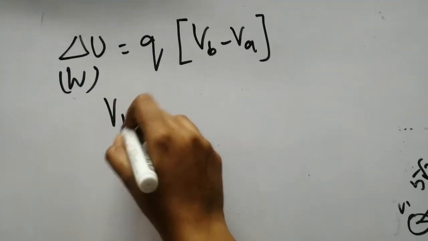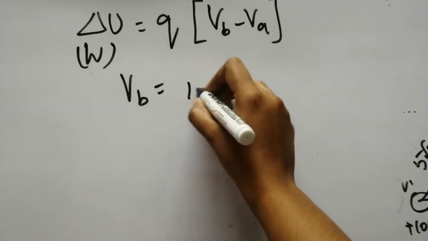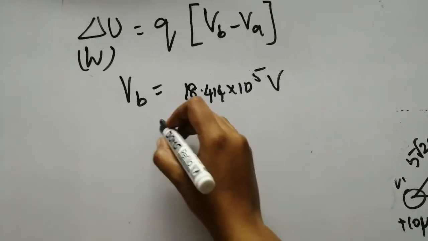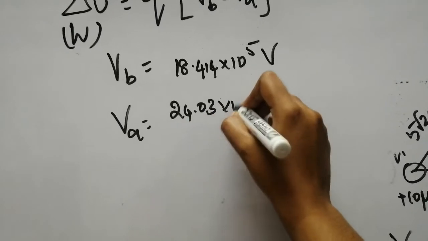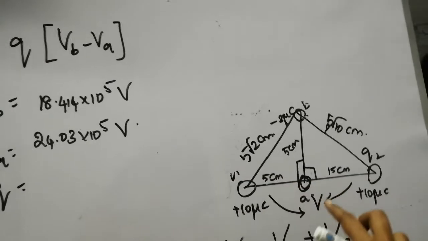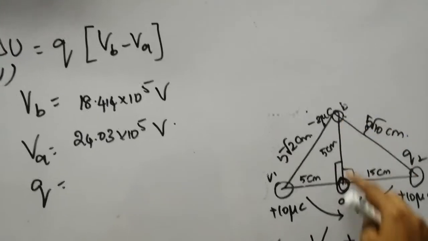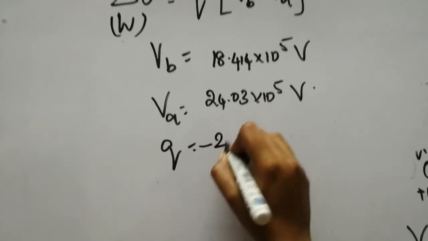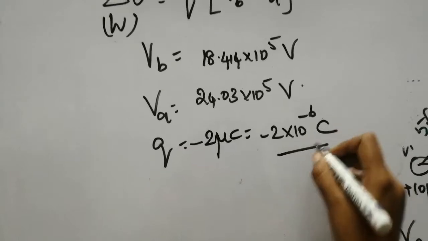We have found the VB value as 18.414 into 10 to the power 5 volt or joule per coulomb, and the value of VA as 24.03 into 10 to the power 5 volt. The charge Q is this charge, minus 2 microcoulomb, because this is what we are going to move from point A to B, and this work is done on this charge. So the charge value is minus 2 into 10 to the power minus 6 coulomb.